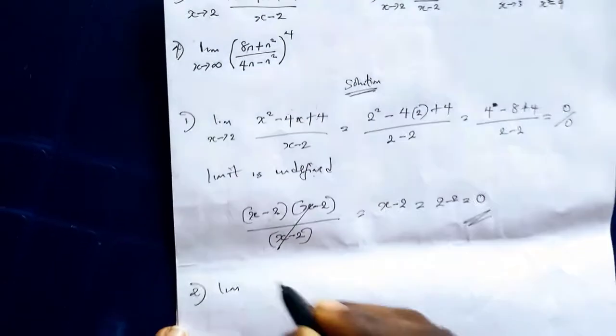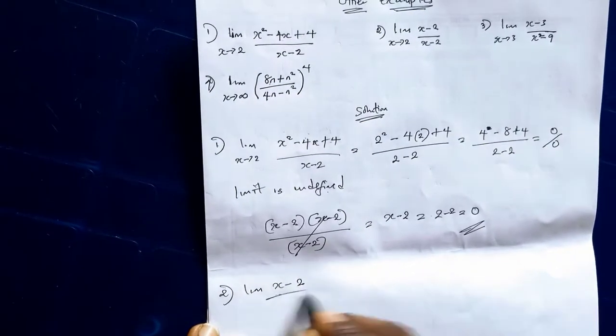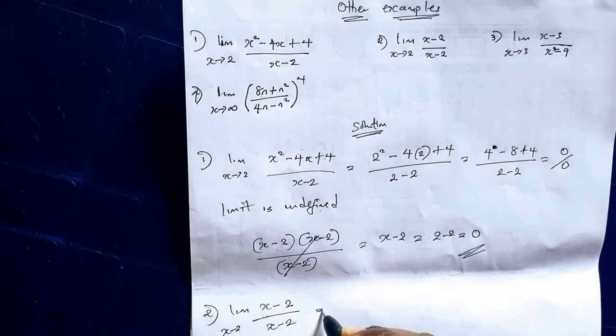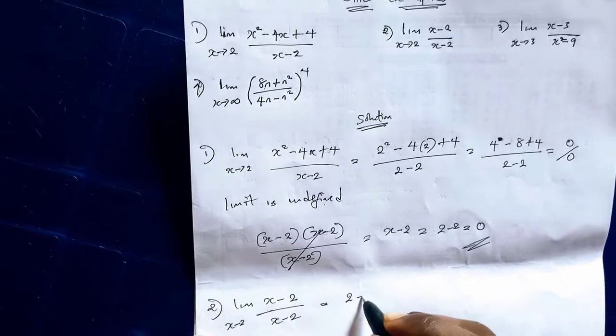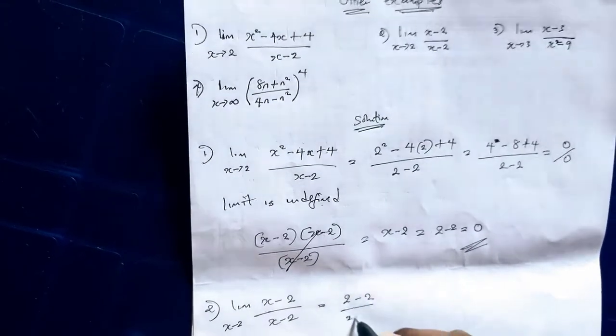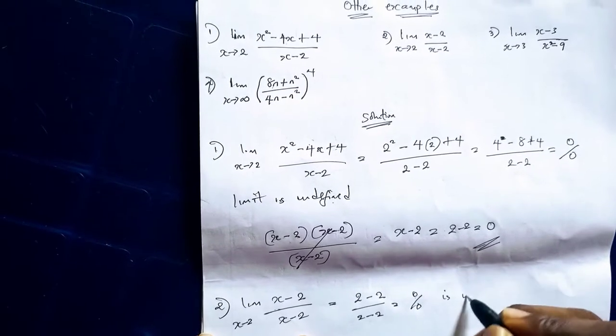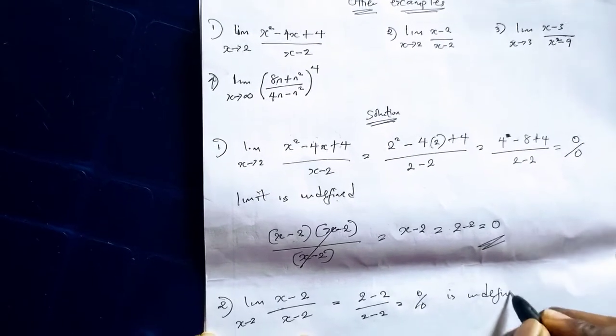The limit of x minus 2 divided by x minus 2 as x approaches 2. Now, we know that it is 2 minus 2 divided by 2 minus 2, which is 0 over 0, and it is undefined.